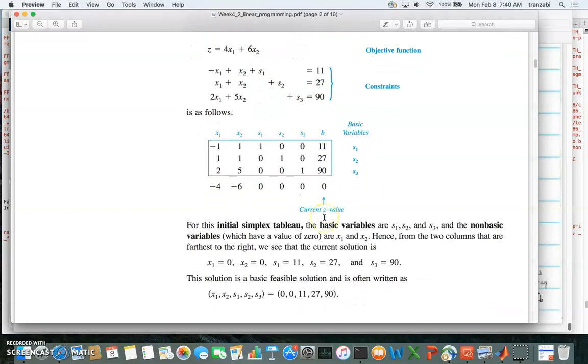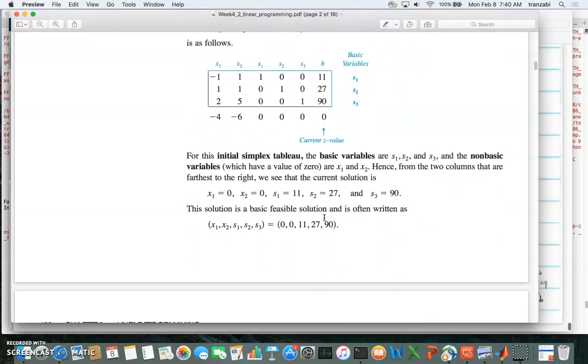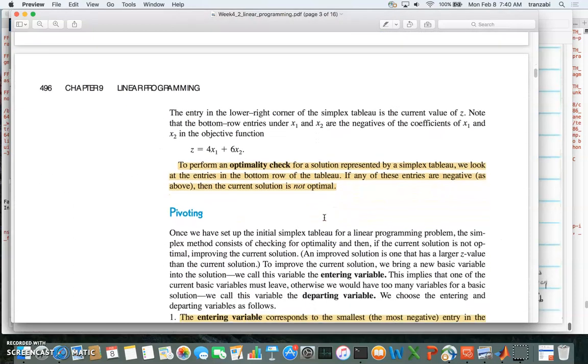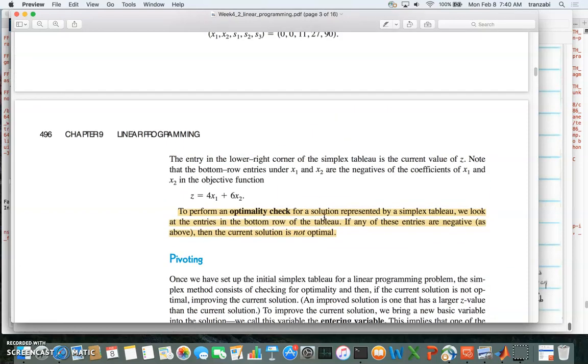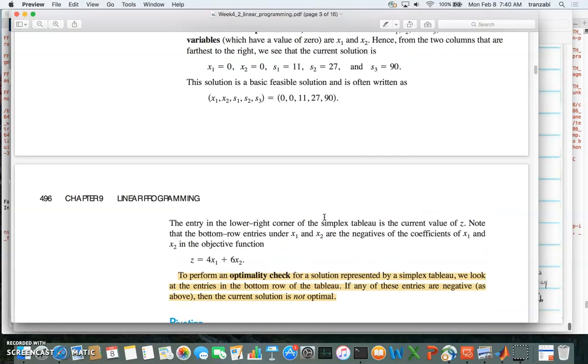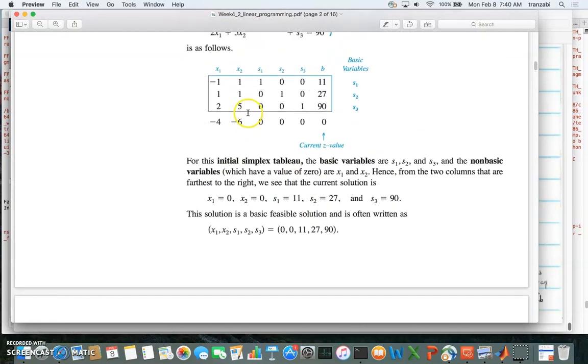Now, there are 2 rules here, and we're going to follow the rules. Actually, before doing that, I'm going to talk about the optimality check. The optimality check is we look at the last line, and if we do not have any negative coefficients in the last line at the bottom of the table, this objective function, the solution to that table will be the optimal solution.